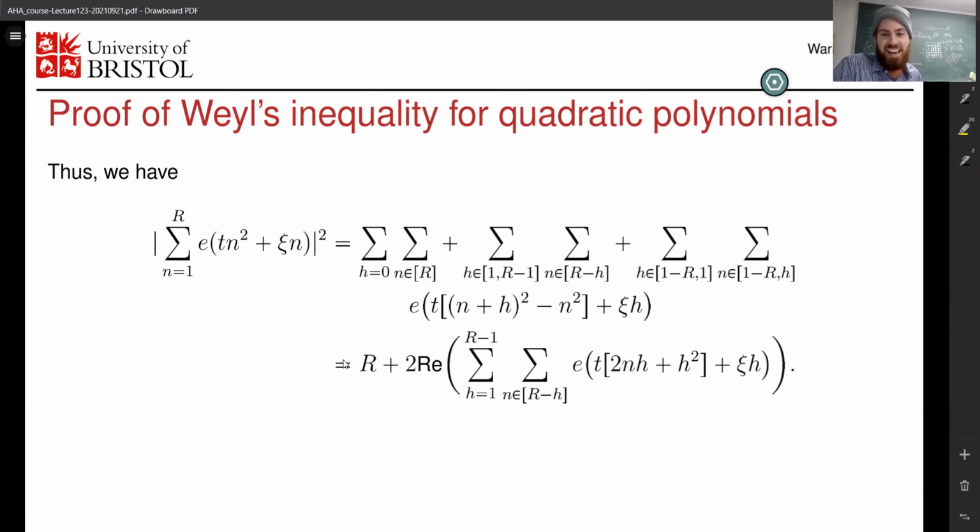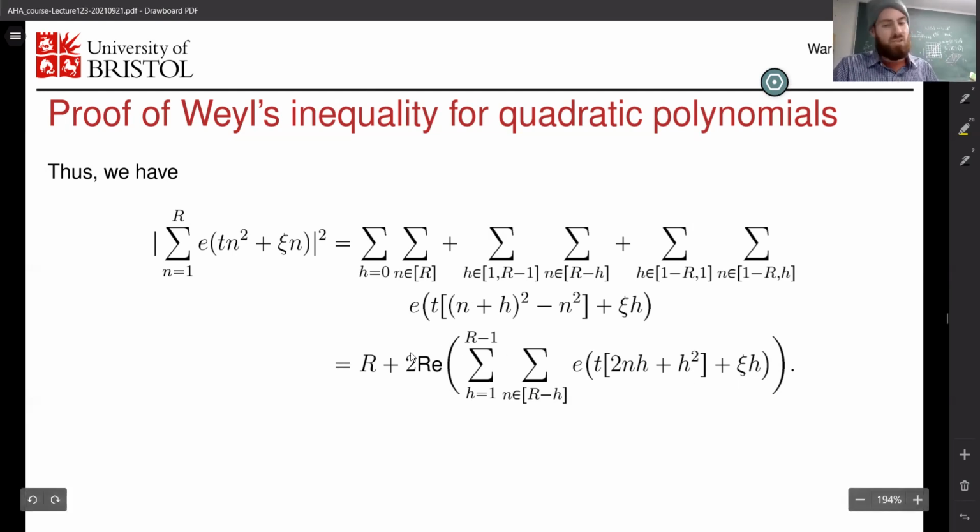Whereas the rest has a certain symmetry. This half is just the conjugate of this half in terms of the exponential sum. And all we have to study is the real part of this exponential sum right here, because it's just 2 copies due to the conjugacy.